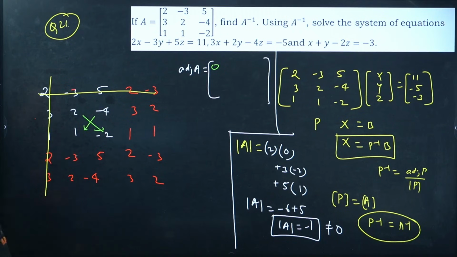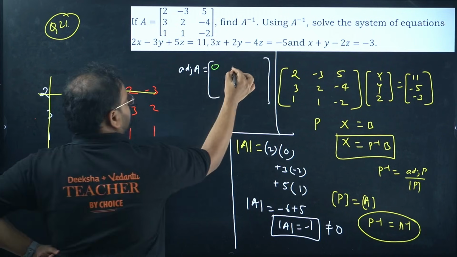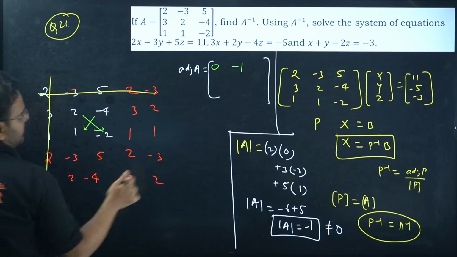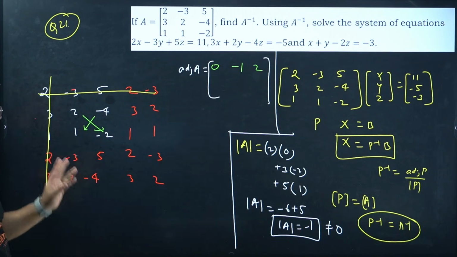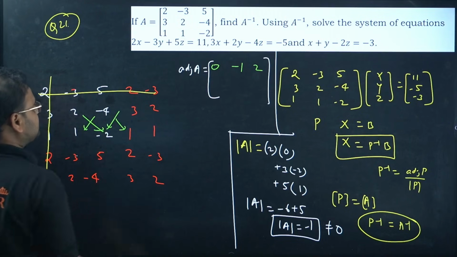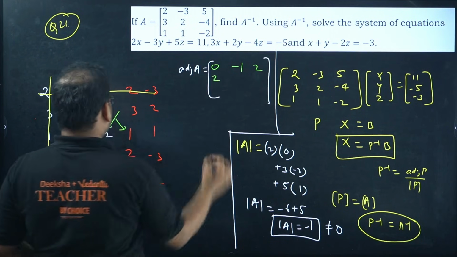Minus 4 plus 4, that's 0. 5 minus 6, that's minus 1. Again, 12 minus 10, that's 2. Be careful, guys. 4 into 3 is 12 and minus 10. Be careful with the signs. Carry on. Minus 4 plus 6, that's 2.